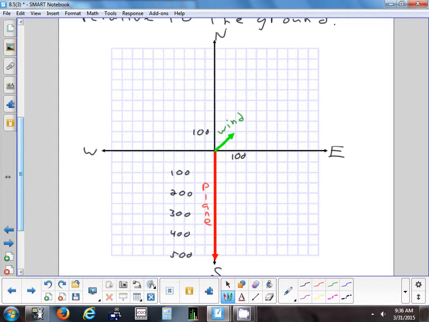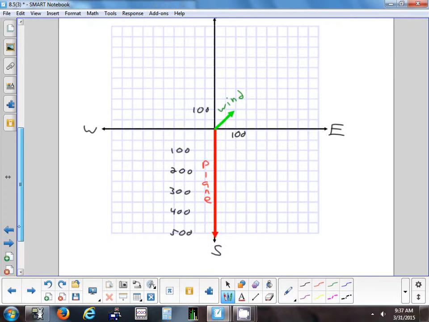So is the wind helping the plane here, or is it working against it? What do you think? Working against it? Yeah, the wind is blowing up and to the right. Okay, the plane is trying to fly south, so it's hitting the plane on its side a little bit, blowing it upward. So it's definitely not helping.